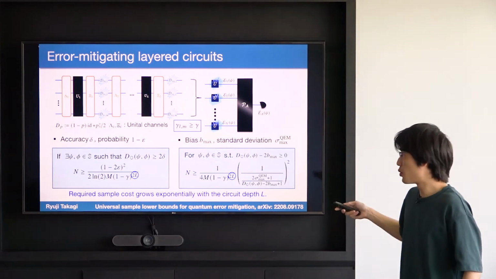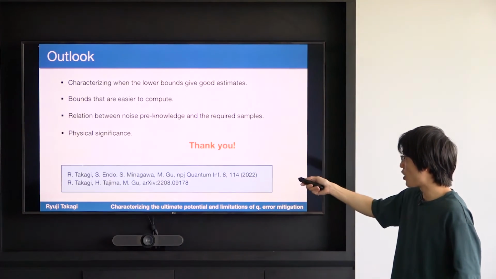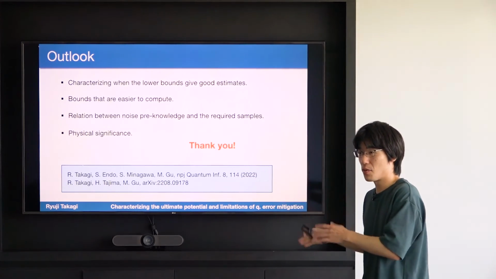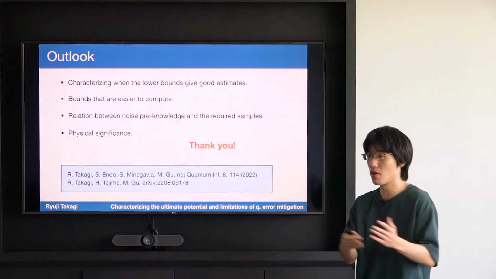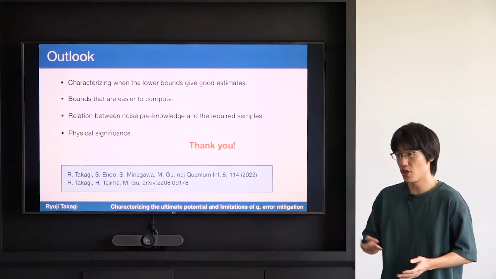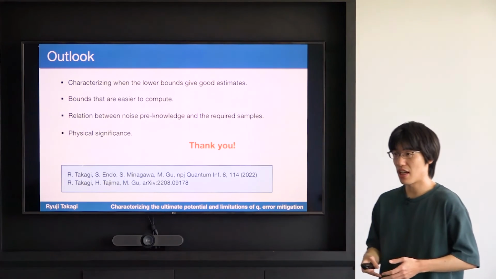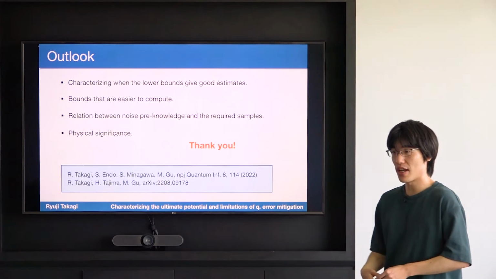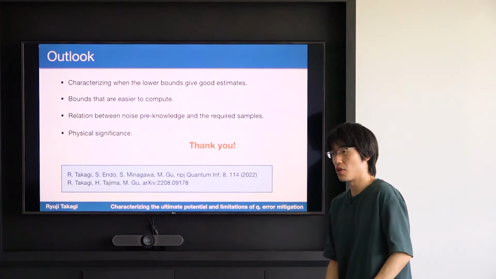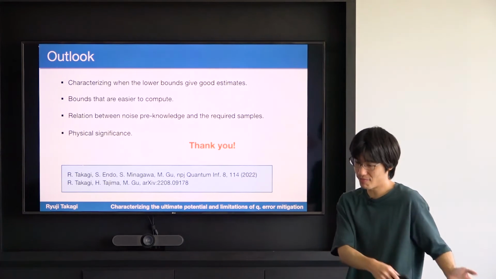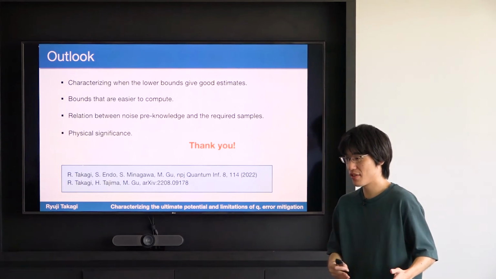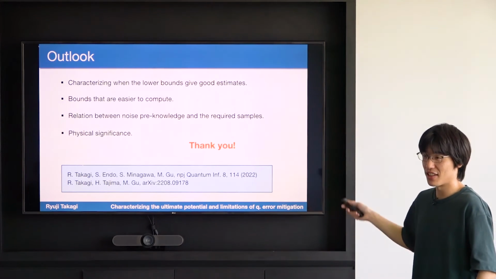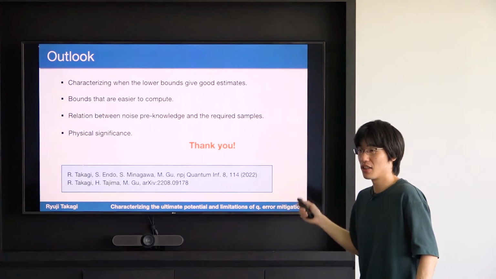This is also related to one of the open questions: bounds that are easier to compute in terms of computational resources, and given a noisy device, how to estimate that without really knowing the noise information. One approach we gave is the alternative bound, but you can also ask how good it is and whether you can get a better bound.